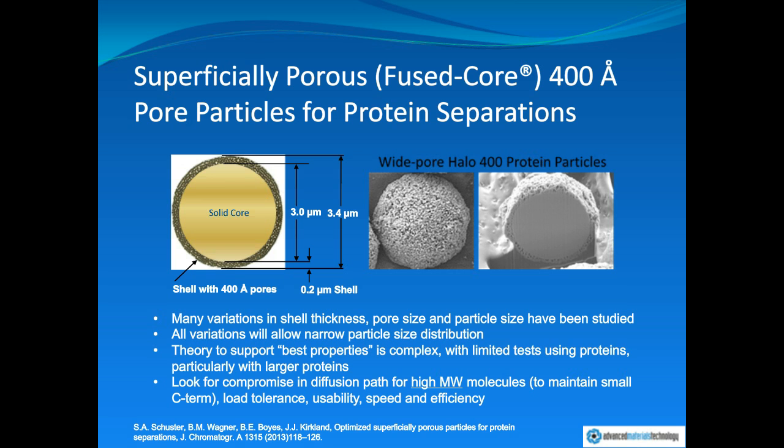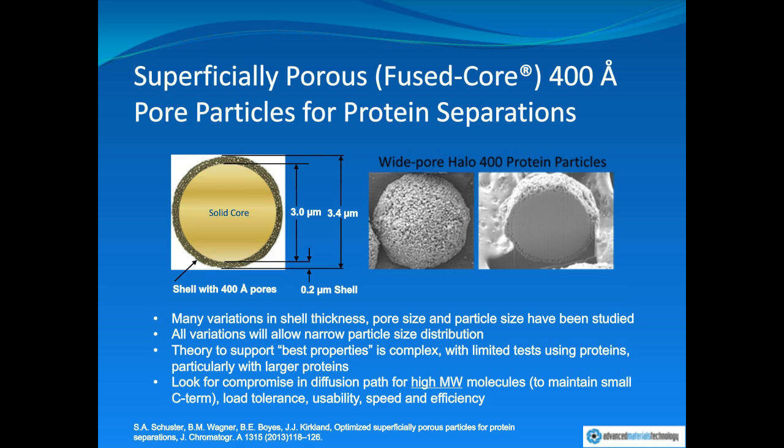And you can even see the porous structures are apparent with these 400 angstrom pores in those particles. What we've done is sectioned the particle using focused ion beam, so-called FIB, imaging technique, where we can cut the particle open and look at the solid core versus the porous shell.